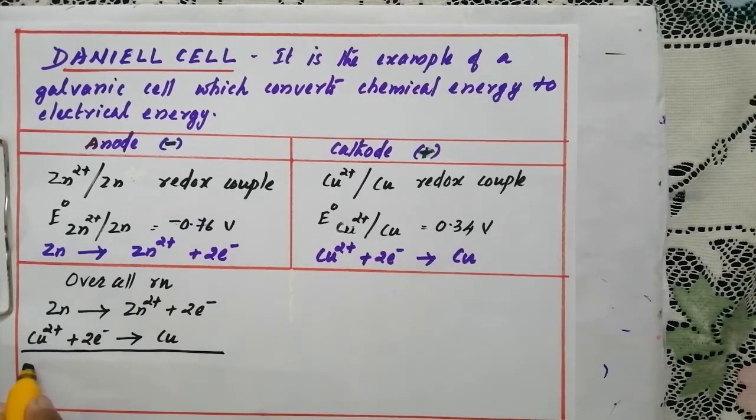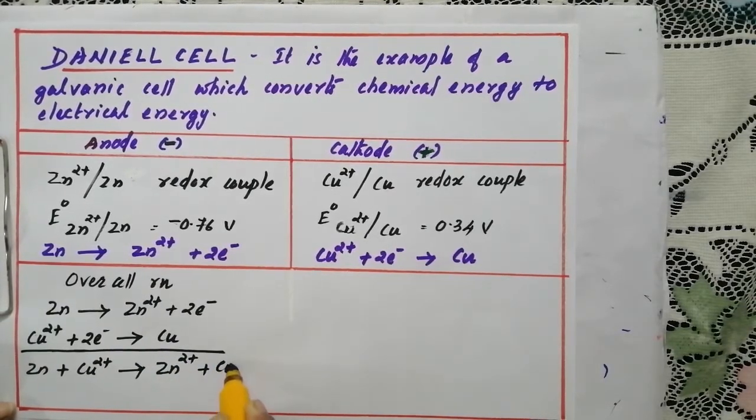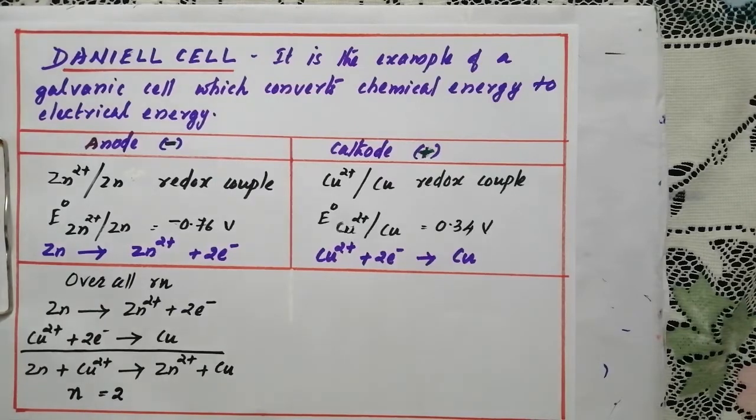The overall reaction is Zn + Cu2+ giving Zn2+ + Cu, where the number of electrons involved in this reaction is 2. So I am representing it as n. n is the number of electrons involved in the redox reaction.